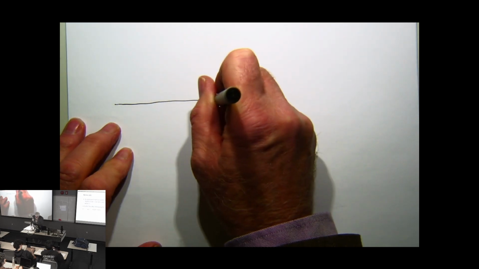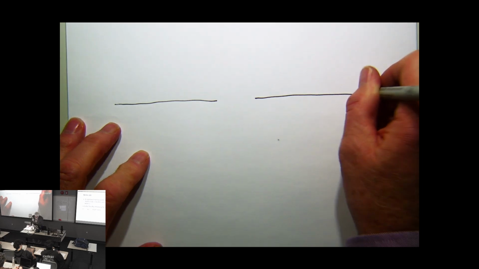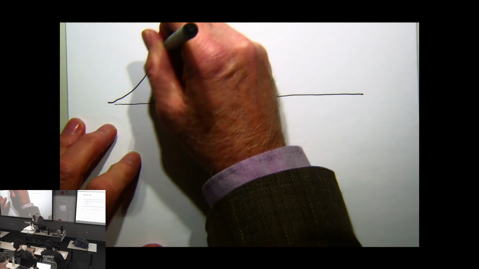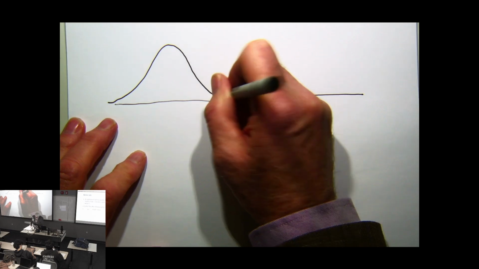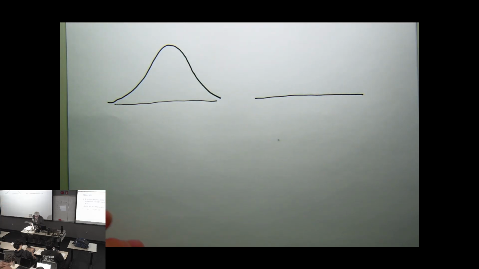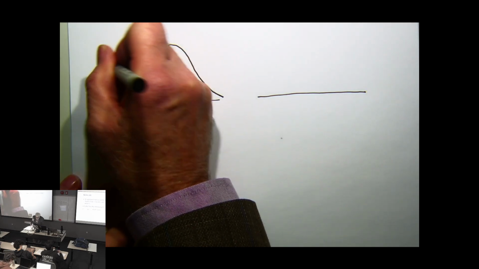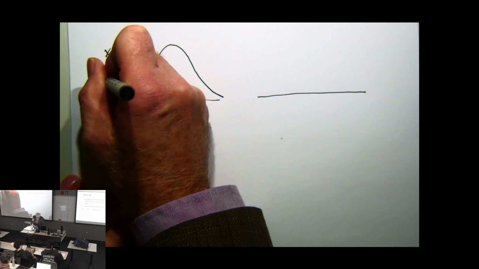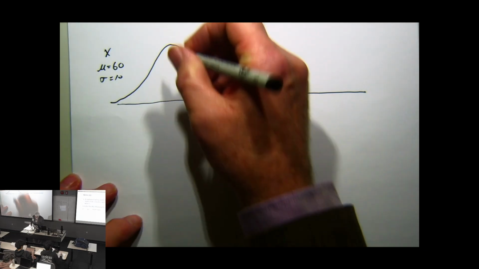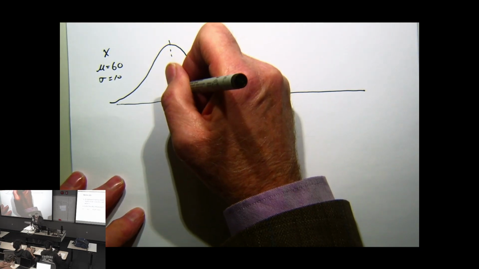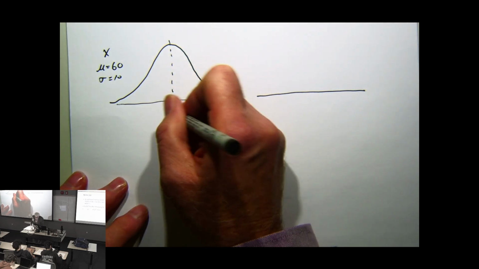So I'm going to draw two pictures. This is x, the distribution of x. Mu is equal to 60. Standard deviation is equal to 10. There's the mean of 60.